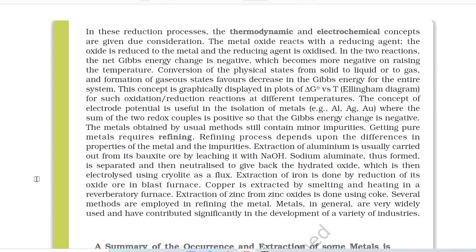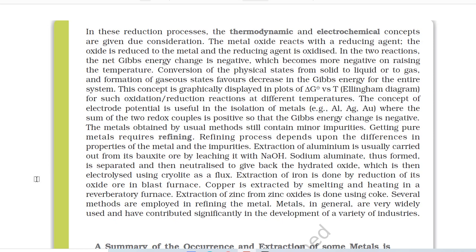In this reduction process, the thermodynamic and electrochemical concepts are given due consideration. The metal oxide reacts with a reducing agent. The oxide is reduced to the metal and the reducing agent is oxidized. In the two reactions, the net Gibbs energy change is negative, which becomes more negative on raising the temperature.